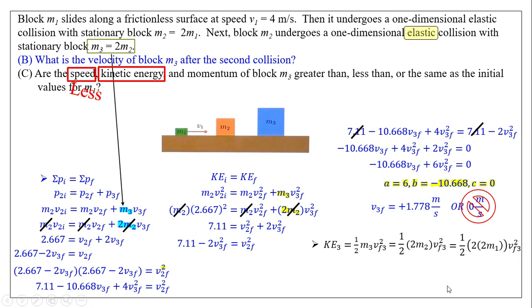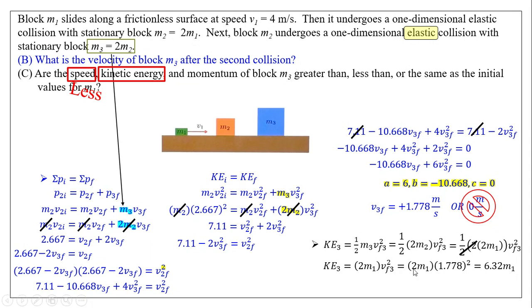If you're keeping up with all these substitutions, the 1/2 will cancel out one of the 2's in the front, and this will leave you with just 2M1 VF3 squared. I carry down 2M1 VF3 squared, and then I'm just going to plug it in. I don't know what M1 is, so I can't get rid of M1. You can make up a hypothetical number if you want, but I don't really care.